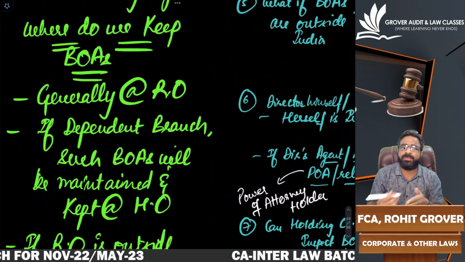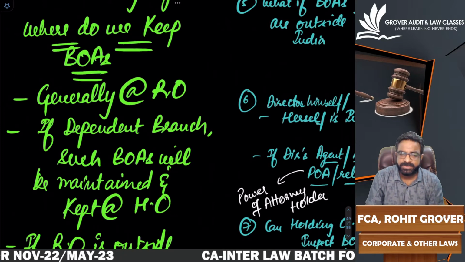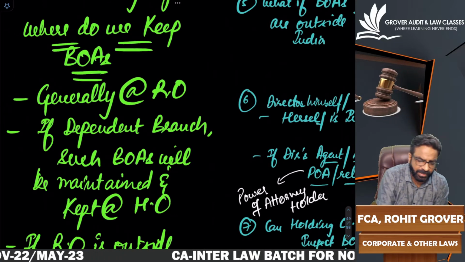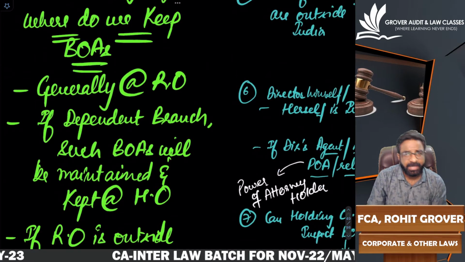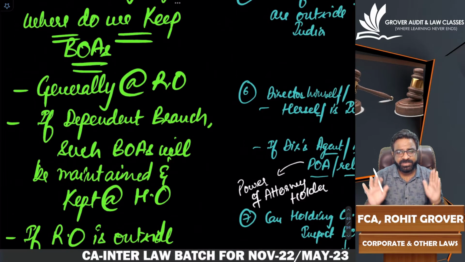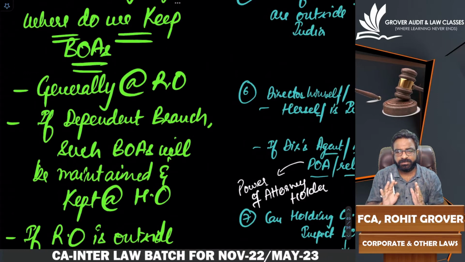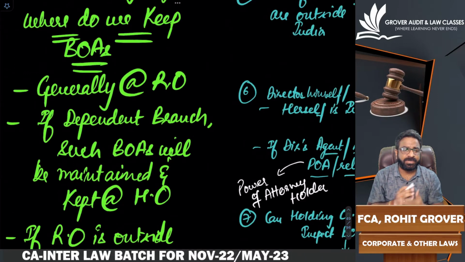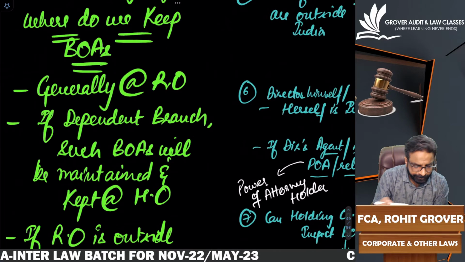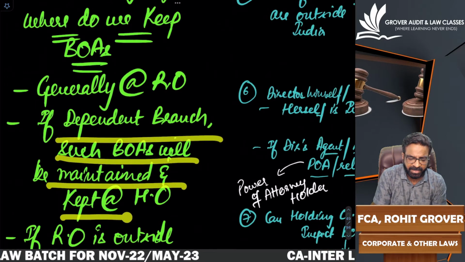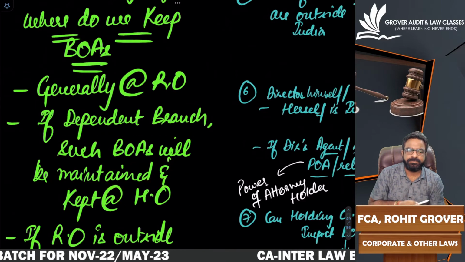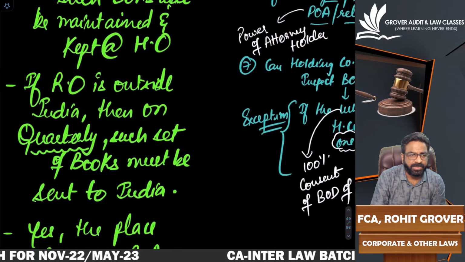So who will prepare the books of accounts of that dependent branch? Head office. If it is an independent branch, independent means it can prepare its own books of accounts. But for a dependent branch, their books of accounts will be maintained and kept at which office? Head office. Next point.